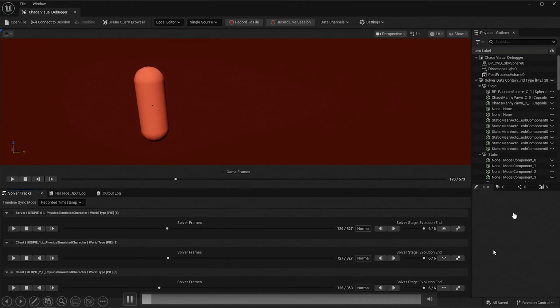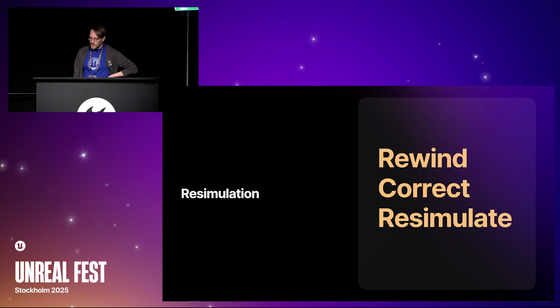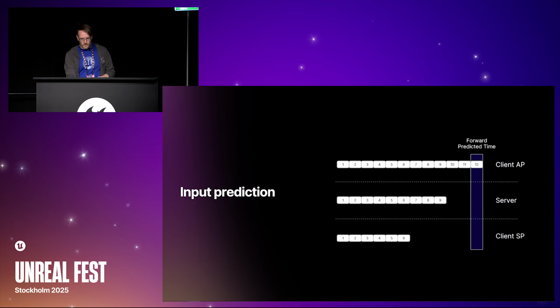And that brings us over to resimulation. A resimulation consists of a rewind. We go back in time, set physics to how it looked at that point in time, correct it based on data we see from the server, and then we step through the simulation up until our current timeline again. And to explain this and another issue coming up, we'll talk a little bit about inputs and input prediction.